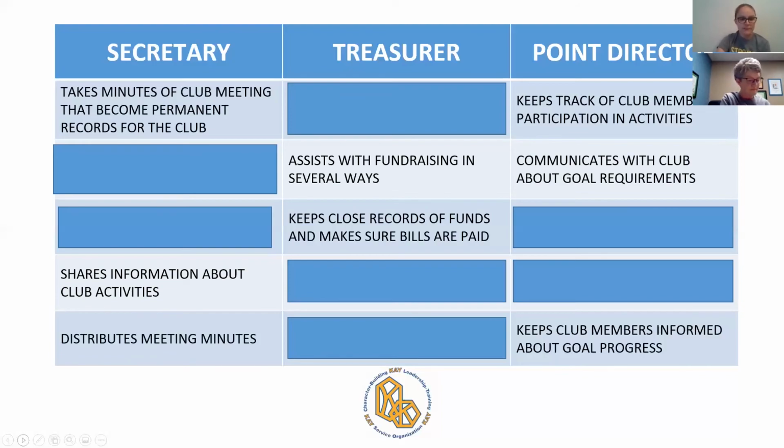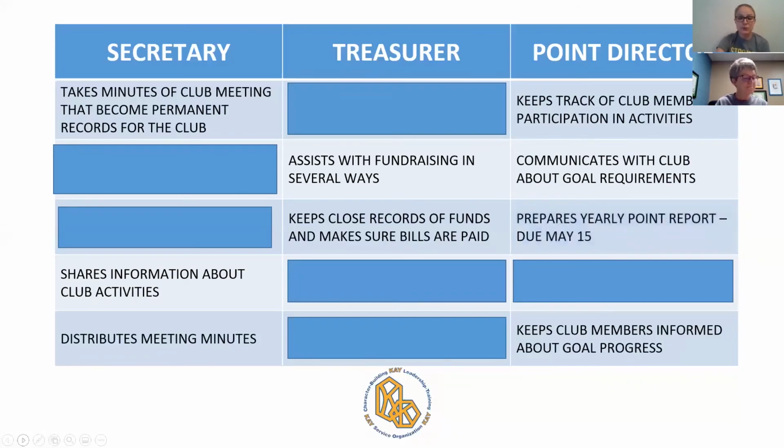Definitely. All right, prepares yearly point report, which is due May 15th. That one is the point director. The point report may have given that away. So at the end of the year, you're going to have this big report that the point director, the president, and the sponsor will work on together.